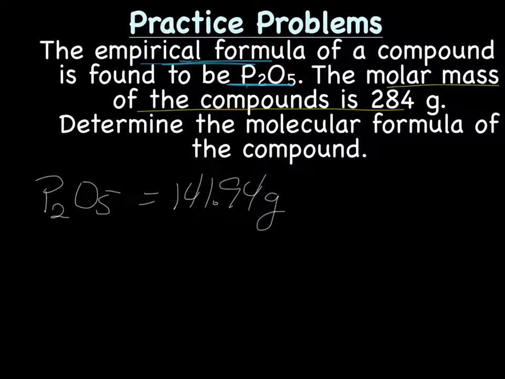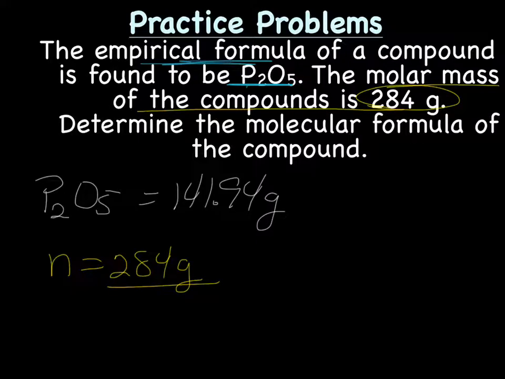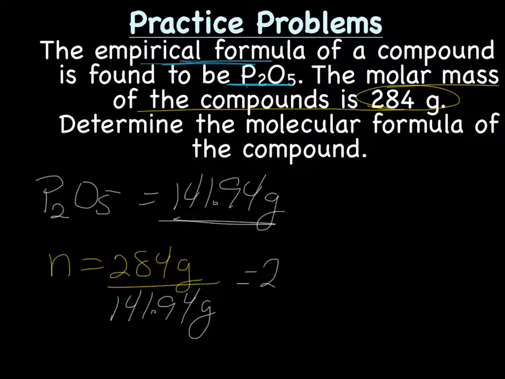Then we solve for N. N equals the molar mass of the compound, which in this case is 284 grams, divided by the molar mass of the empirical formula, 141.94 grams. When we calculate that, N turns out to be 2.0008 and so forth. We round to the nearest whole number, so it's 2.